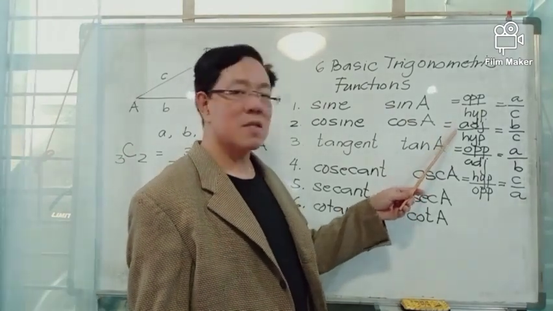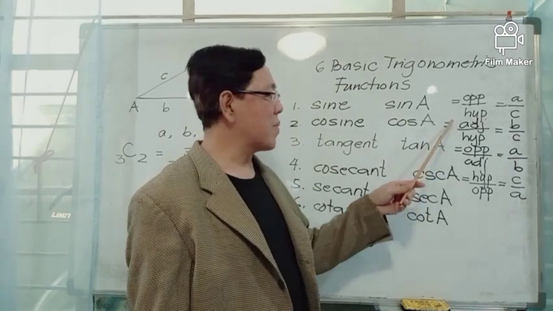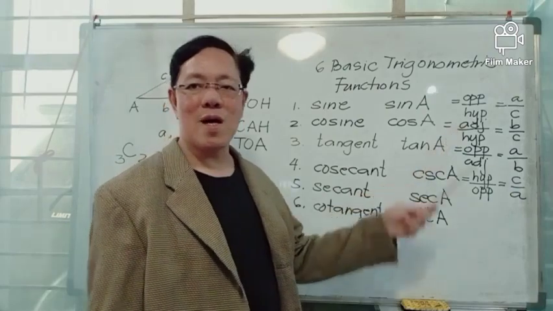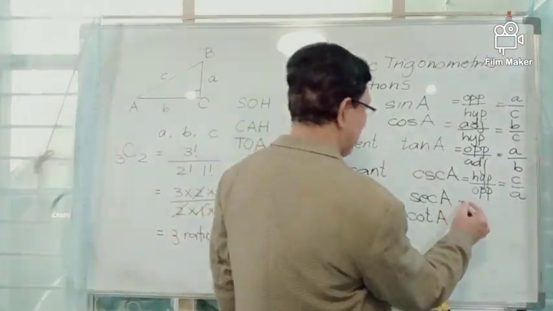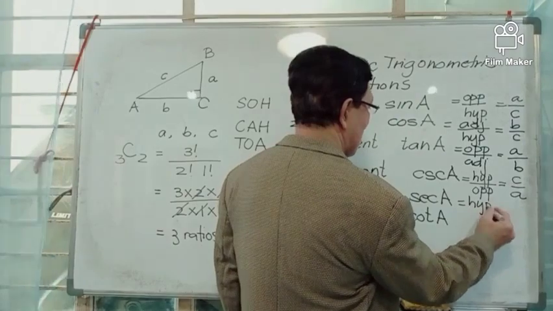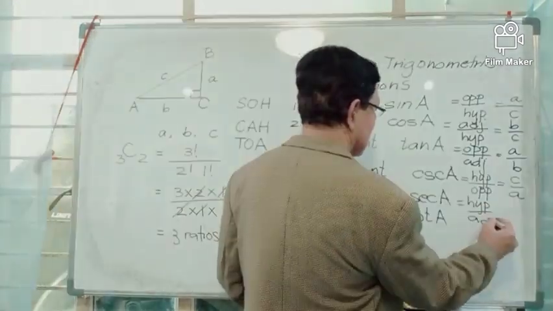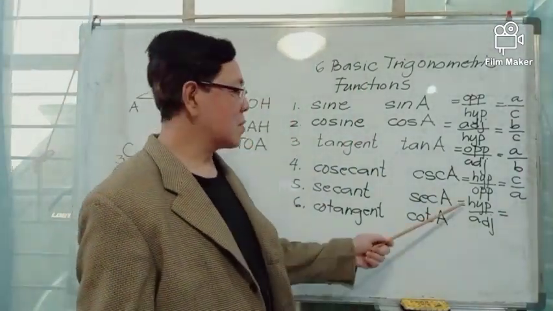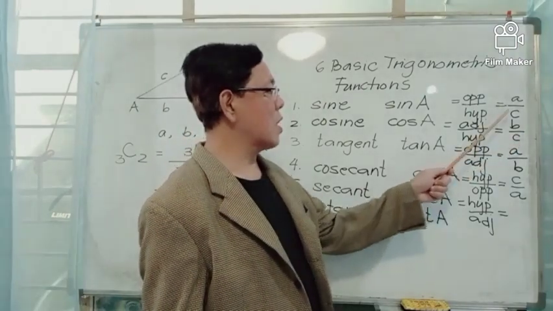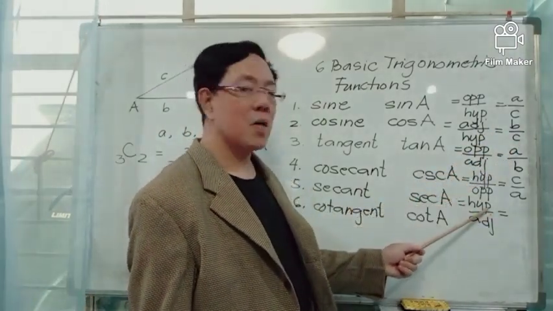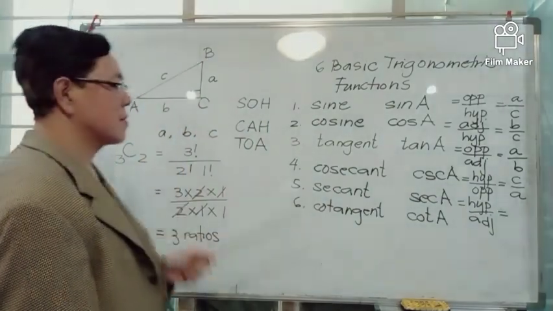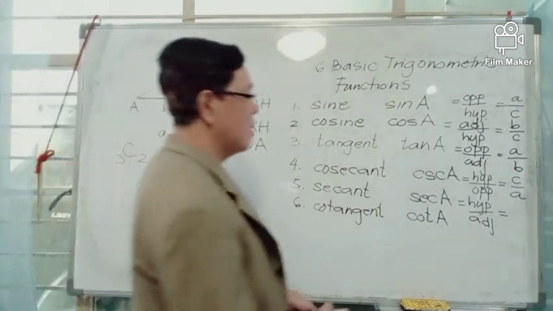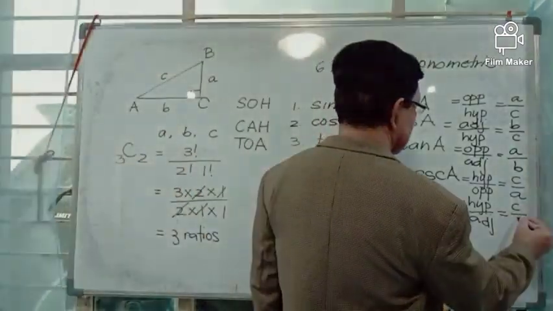And the reciprocal of this ratio, adjacent to the hypotenuse, is hypotenuse over adjacent. The ratio of hypotenuse to the adjacent is equal to the reciprocal of b over c. The hypotenuse is c and the side adjacent to A is b. This is c over b.